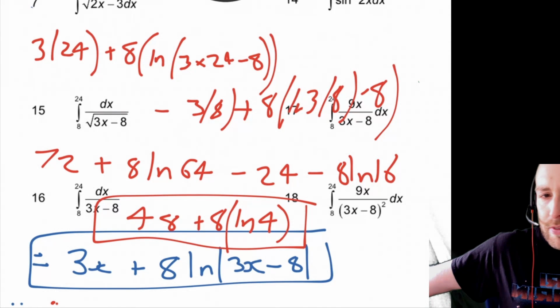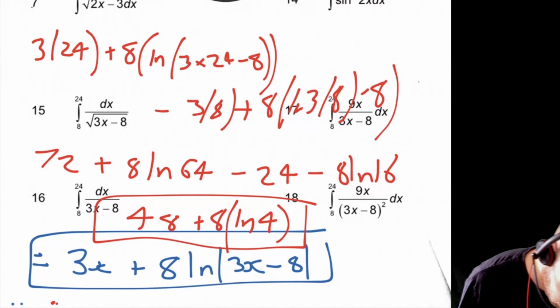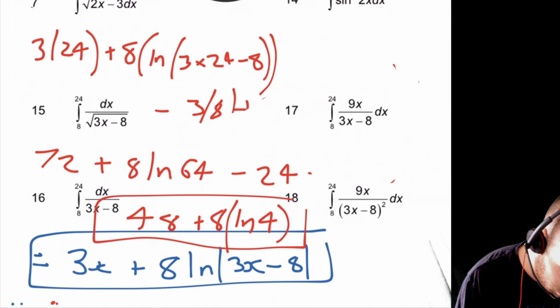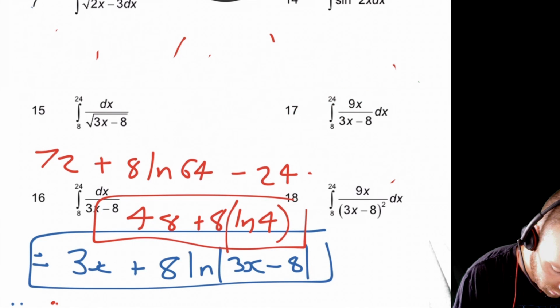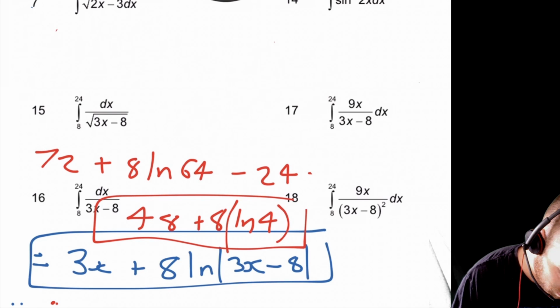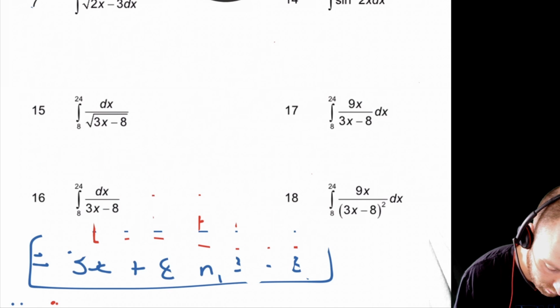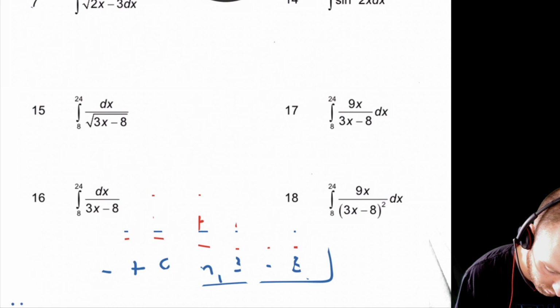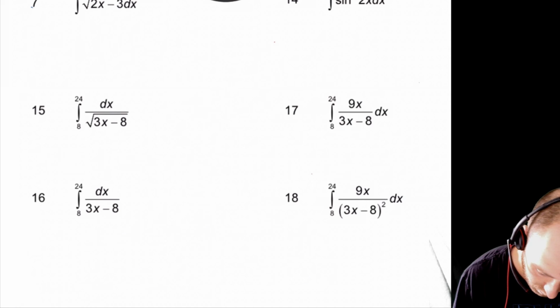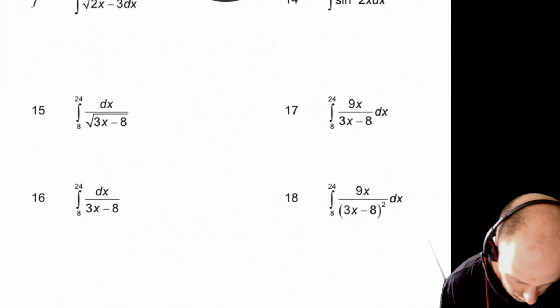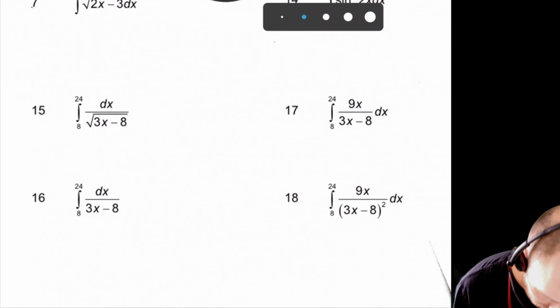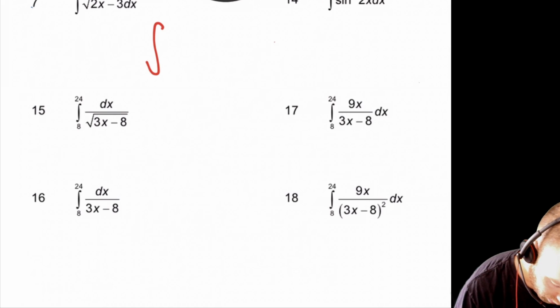All right, 2 left to do. Okay, next one. Integral 1 over 3x take 8. And this one is going to be nice and easy.